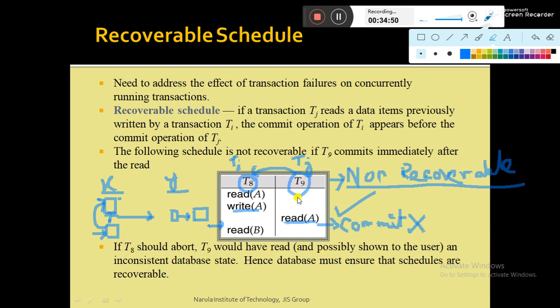The dependent transaction, T9, should commit last. So T8 should first commit, then T9 should commit. Then that schedule will become a recoverable schedule. So this is the concept of recoverable and non-recoverable schedules.